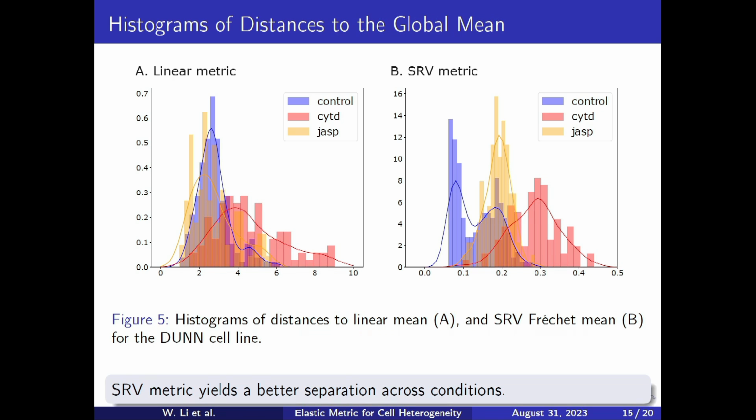The third observation is that using the SRV metric, we notice a bimodal distribution for the control group. This potentially suggests the existence of multiple cell states within the same cell line. So this analysis shows that the SRV metric yields a better separation across different conditions.